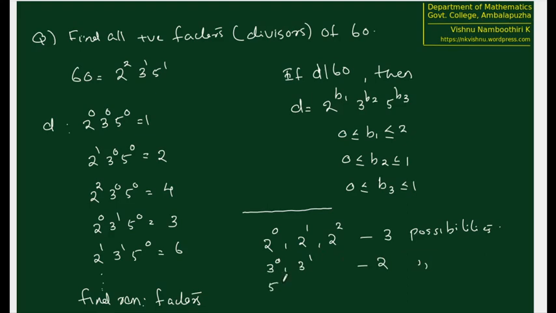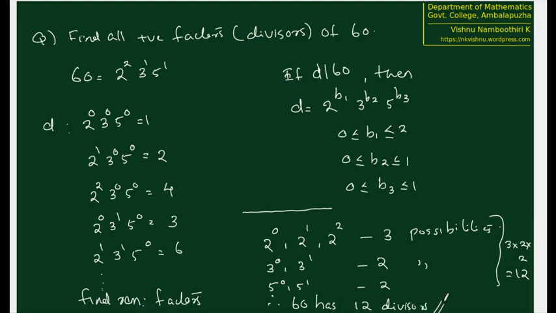For powers of 5: 5 to the 0, 5 to the 1, there are 2 possibilities. Therefore altogether there are 3 into 2 into 2, that is equal to 12 possibilities. Therefore 60 has altogether 12 divisors or 12 factors.